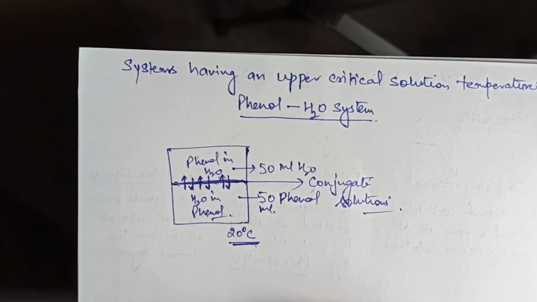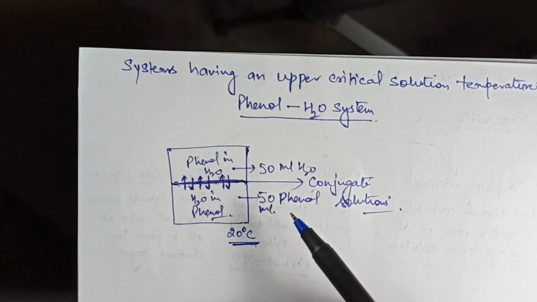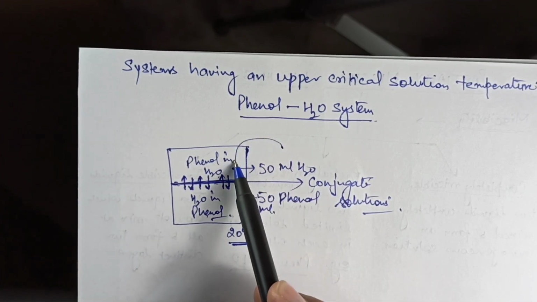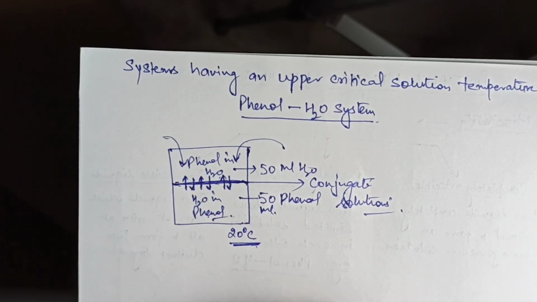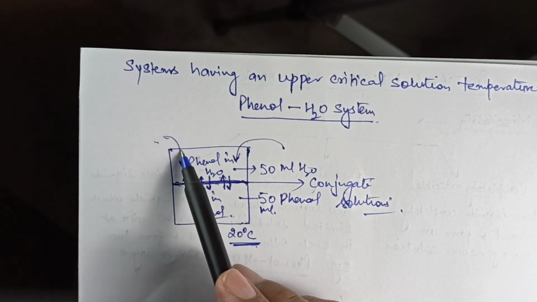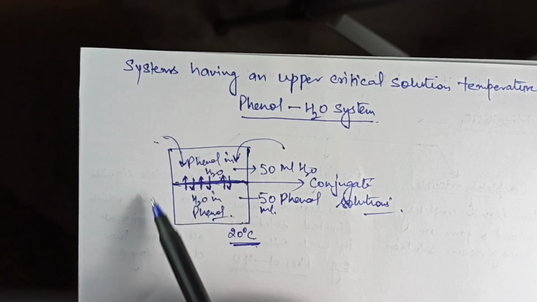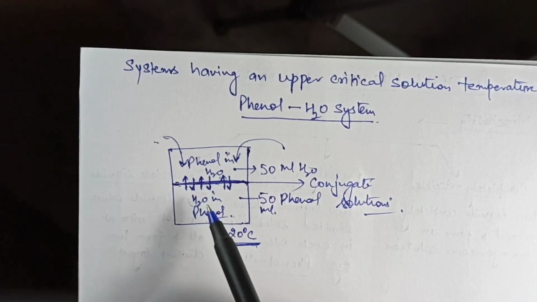At a given temperature, the composition of the two layers will be fixed. The addition of either the small amount of water or small amount of phenol, okay, if you add the small amount of water and small amount of phenol, it does not change the composition of phenol in water and the water in phenol.